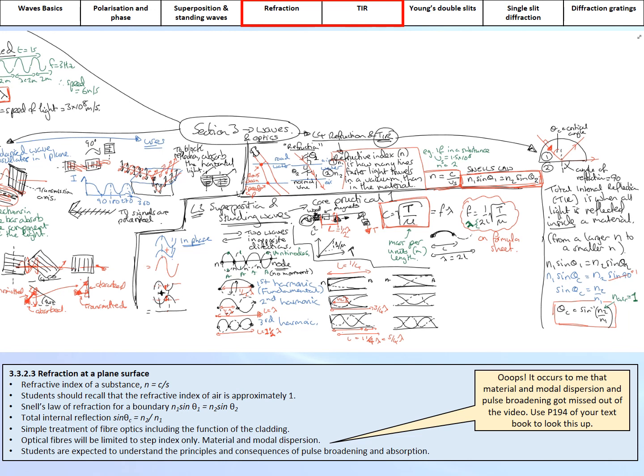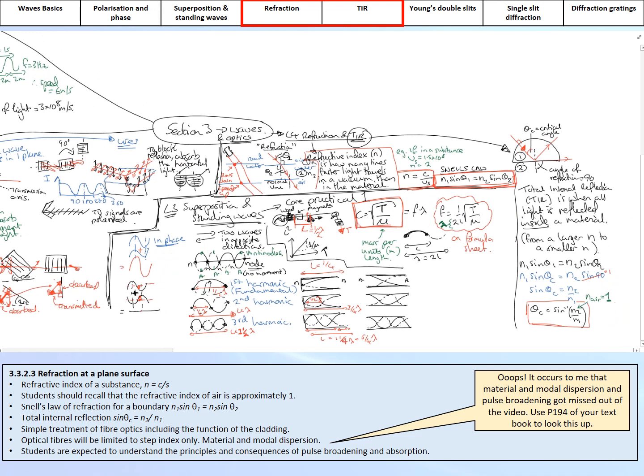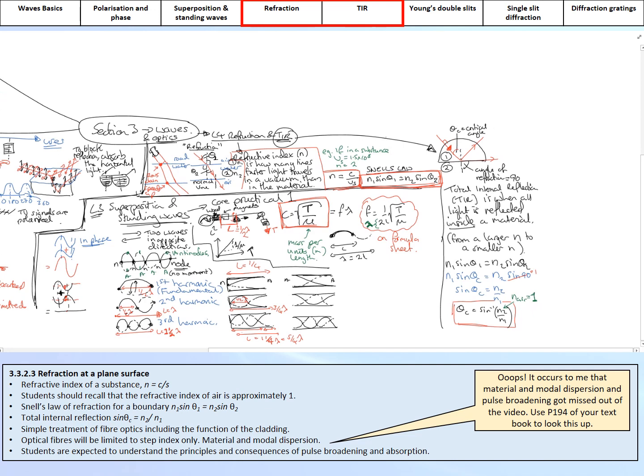Now, you can use this phenomenon to send light down an optical cable. Total internal reflection leads us on to optical fibres. If you shine light down an optical fibre, this is our normal line.